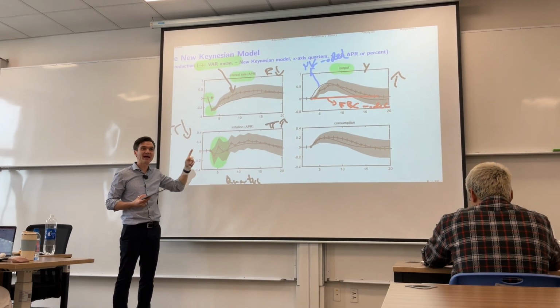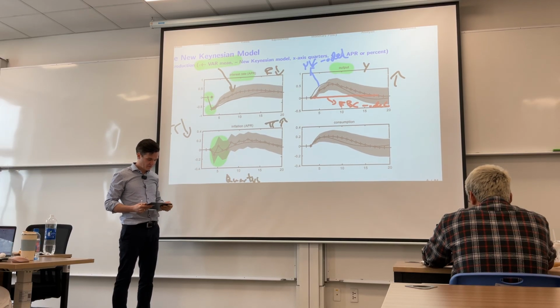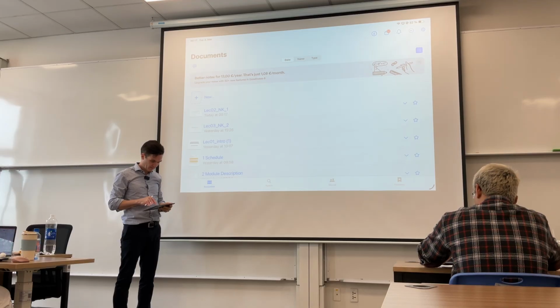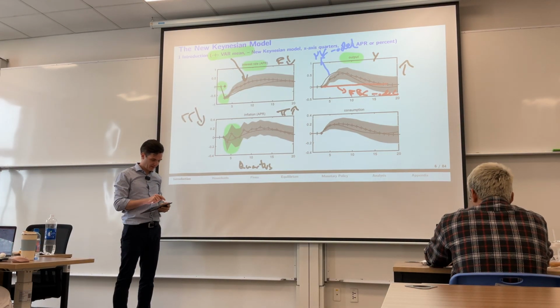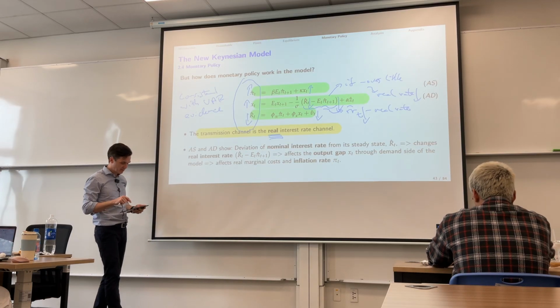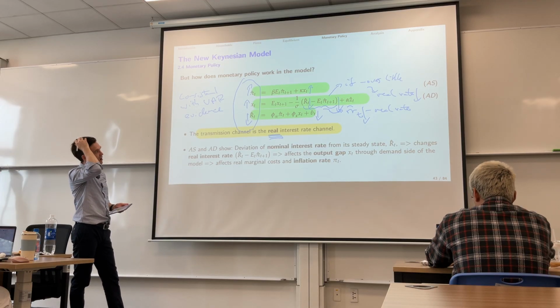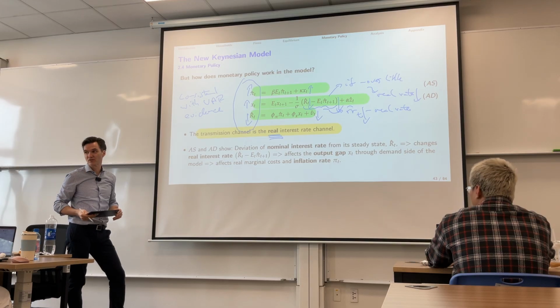That's exactly the way to think about how this model squares with that empirical evidence. So that's the basic bottom line of how the central bank actually operates in this economy. Are there any questions on this?